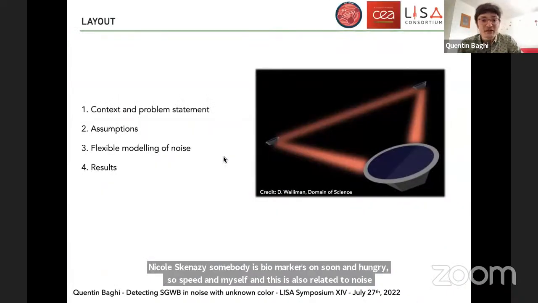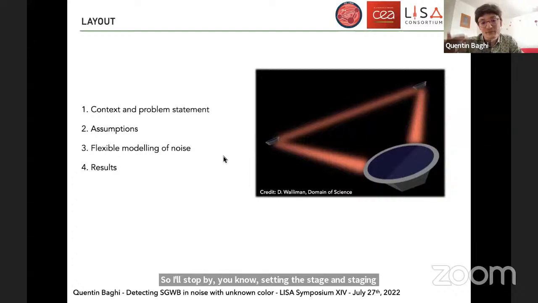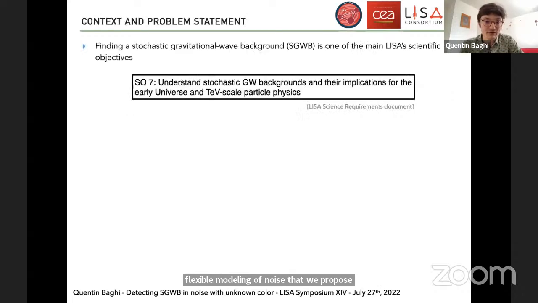I'll start by setting the stage and stating the problem, and I'll spend a little time listing the assumptions that we've made in this study. Then I'll present the flexible modeling of noise that we propose, and then some preliminary results.